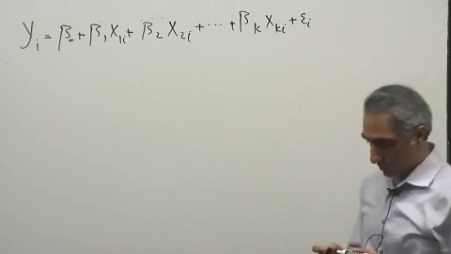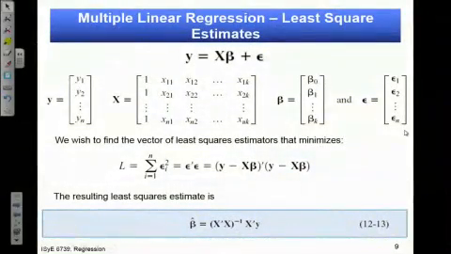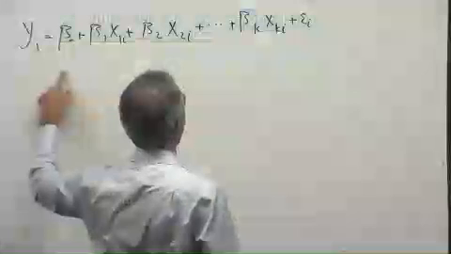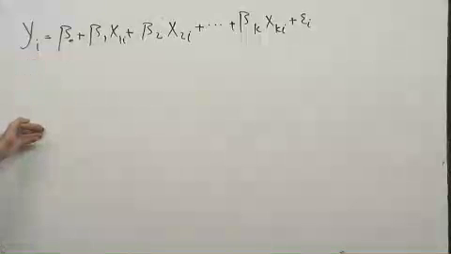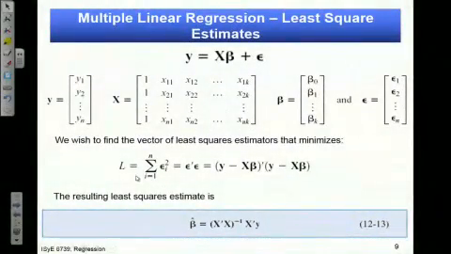We put all these k coefficients into one vector and all epsilons again in one vector. This is the matrix form, because you have different i's. Then, again, this is your least squares objective function. You want to minimize it. If you take a derivative using matrix algebra, you can get the closed form solution, which is X transpose X inverse X transpose y. The prime here is a transpose. Okay?